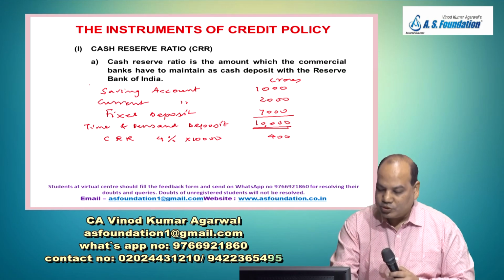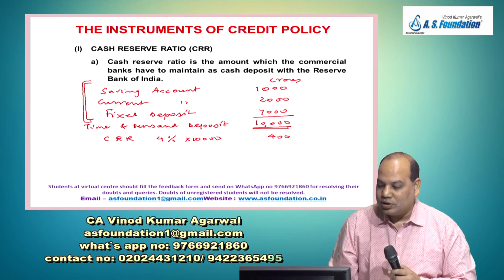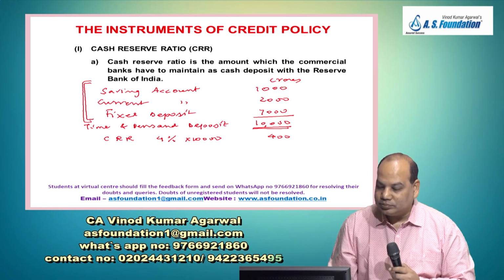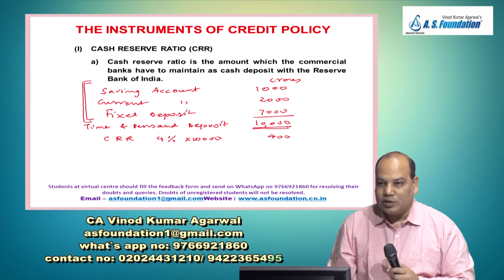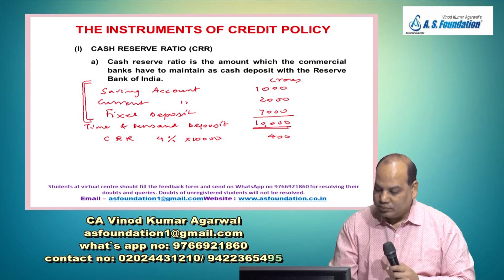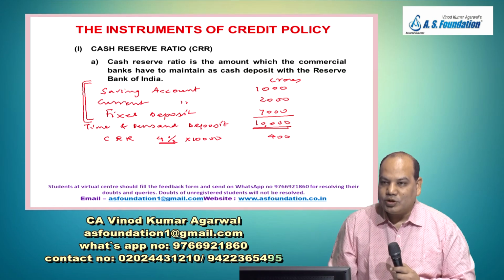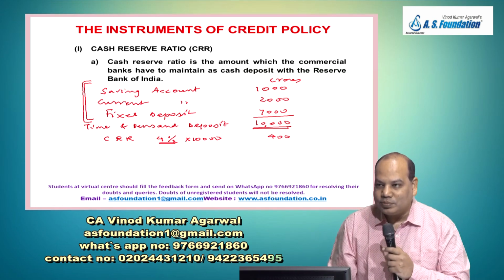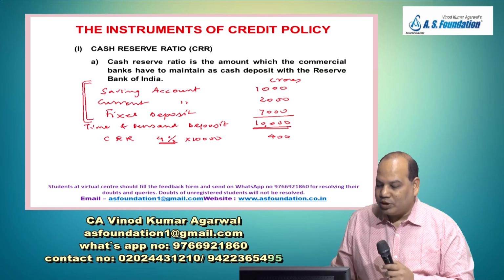First, suppose such questions come in the exam, numerical question. Add your saving account, current account, fixed deposit account, and then multiply by the CRR percentage, which either will be given to you or you have to see what is CRR when you go to the exam, which is normally around 4%. But it keeps changing.